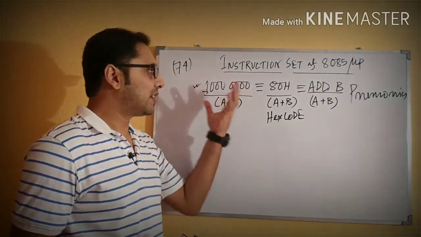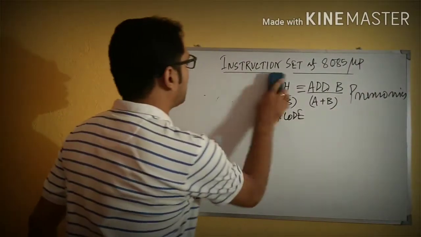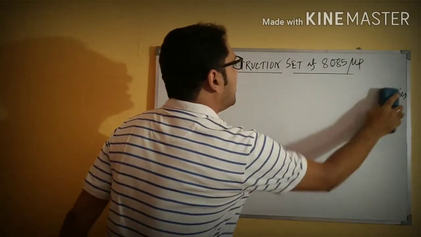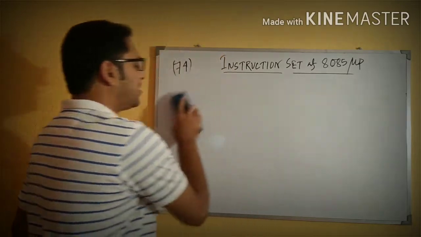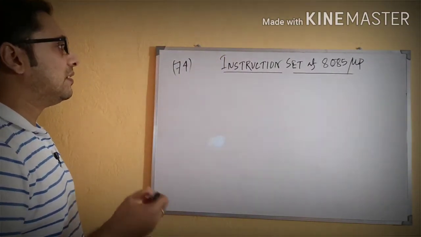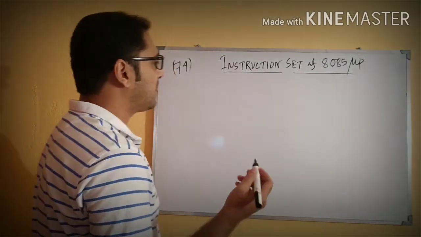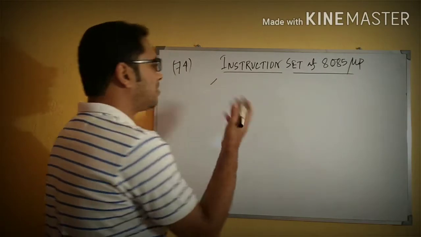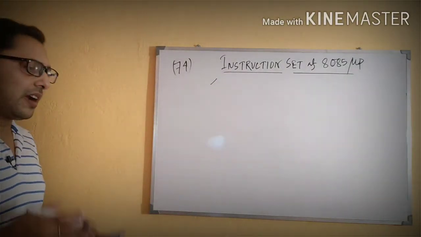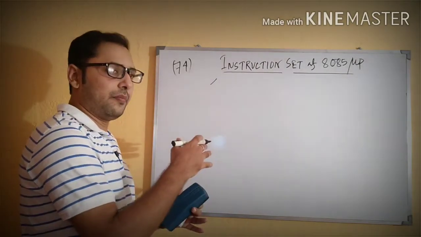So let's get into the topic. Depending upon the type of function that can be performed by the instructions, all these 74 instructions can be classified into 5 groups. Remember, we are talking about classification of instructions, and that depends upon the task they perform.